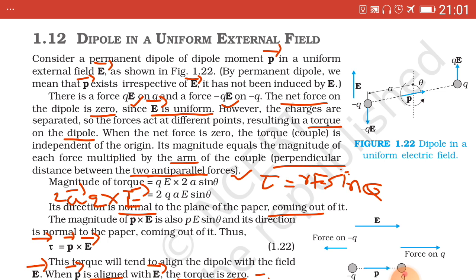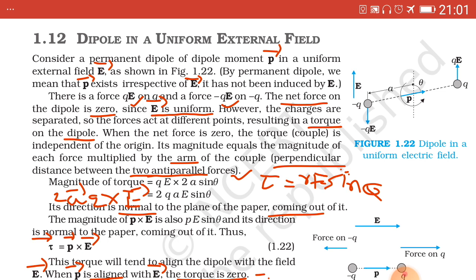Now, as the charges are separated, that is, plus Q and minus Q have different positions, the forces act at different points, resulting in a torque on the dipole. In other words, the two forces have different lines of action. You can note it down besides.